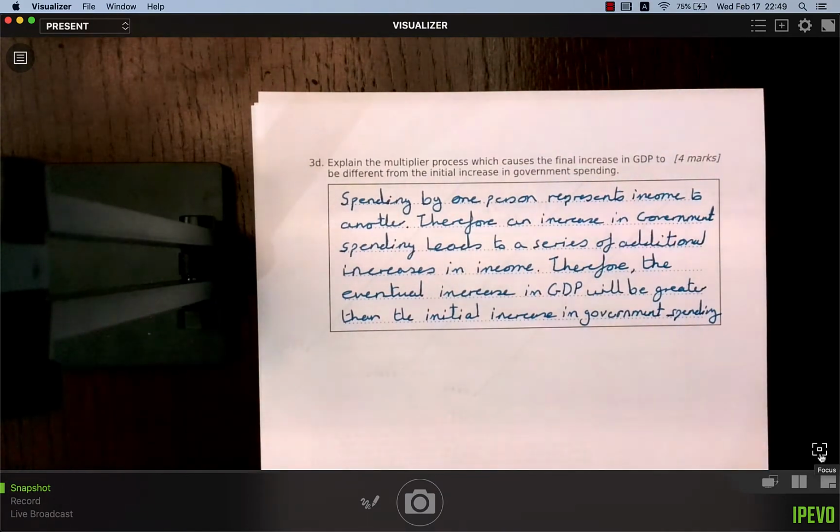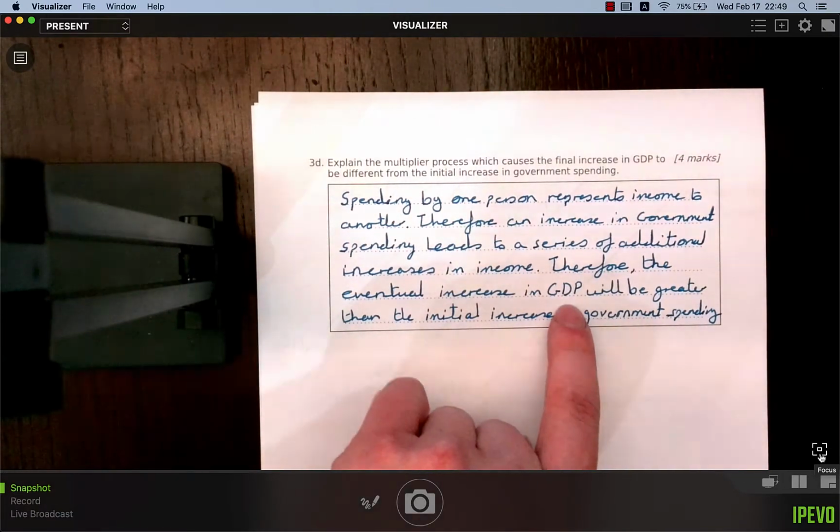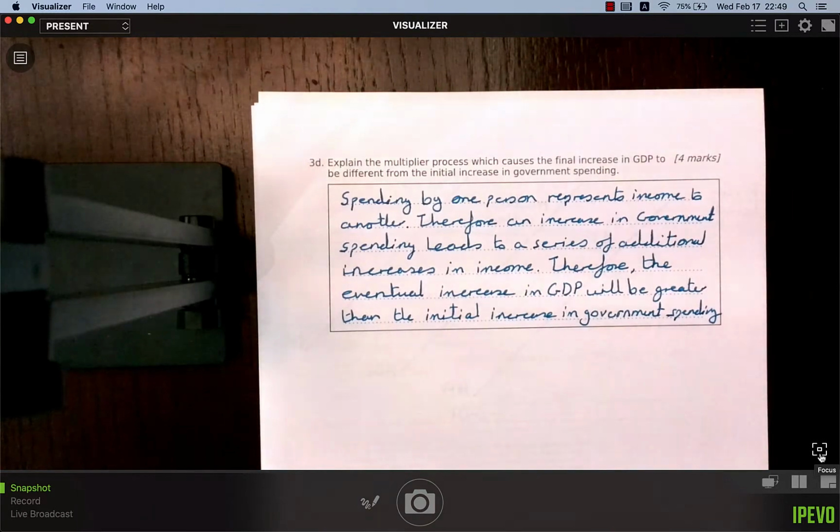Now, I will just take one moment. I'm sure I'm going on far too long. But what I want you to understand is always that production is wealth. So we see that there's an increase in production, but I want you to understand why. If everybody goes into somebody else's shop and says, I want to buy more and more, because now we're all richer, because of the government income received by those building the roads and the bridges and the hospitals and the schools, they've got more money in their pockets.